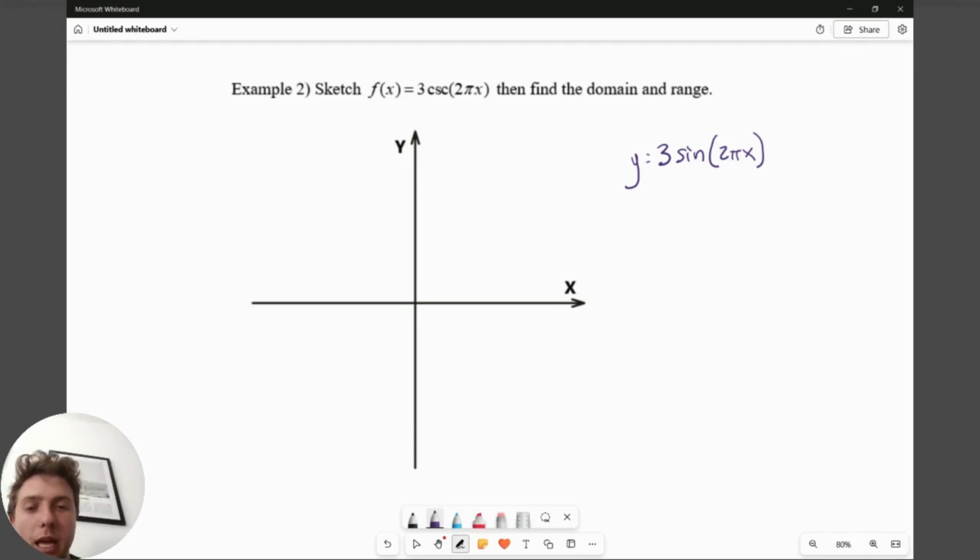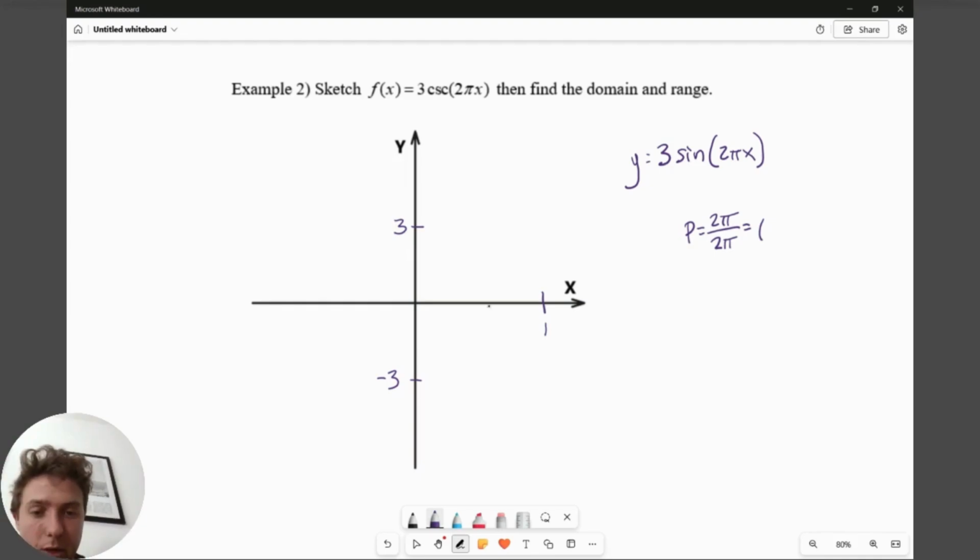In this case, we have an amplitude of 3, so our graph's going to go up to here and down to maybe here. You can always find the period by taking 2 pi over the b value. In this case, our b value is 2 pi as well. So the period is 1.